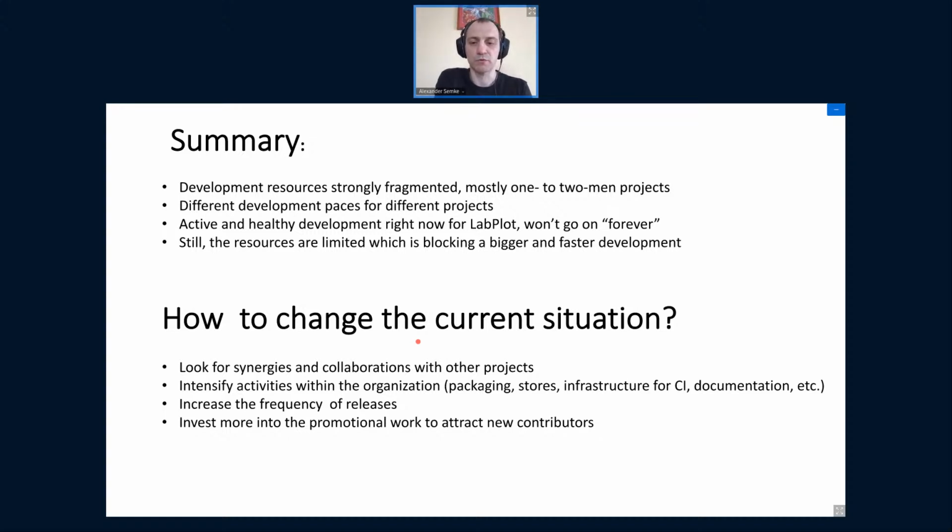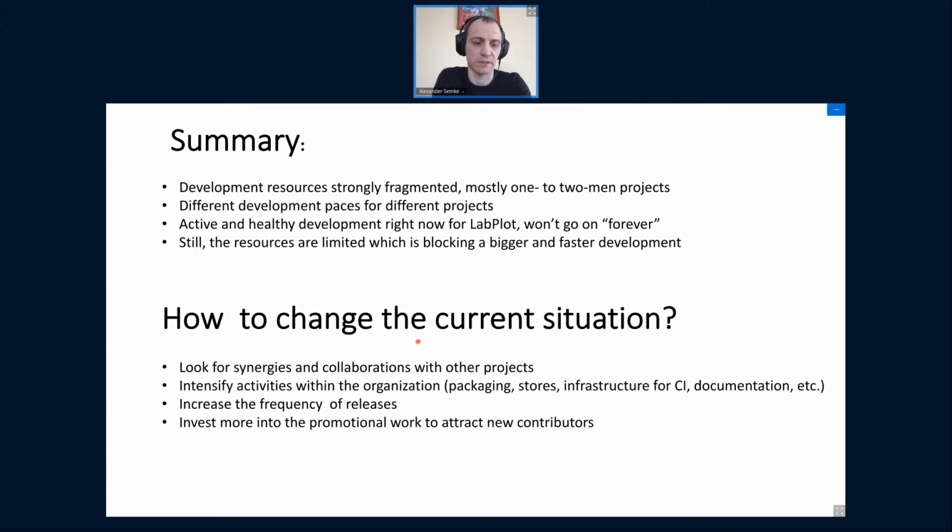To improve the current situation, we also plan to increase the frequency of releases. This is one of the problems we have right now, where we maybe didn't pay enough attention in the past. We release when we consider the new feature set to be big enough, so there are no regular releases right now.